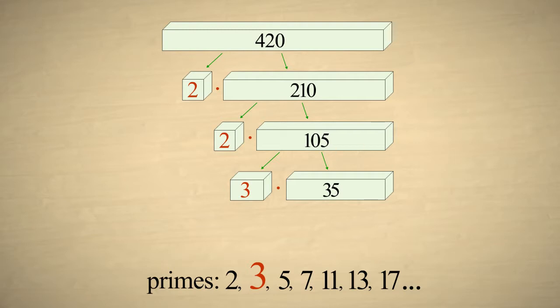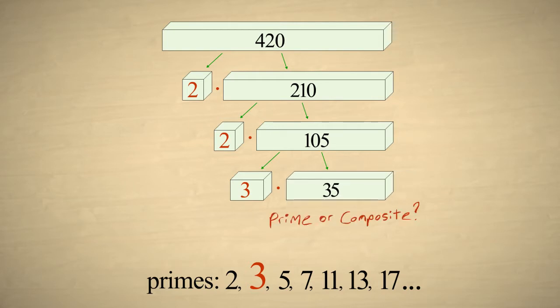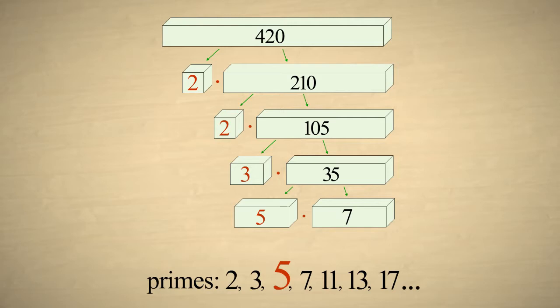We now have the factors 2 times 2 times 3 times 35. We must now determine if 35 is prime or composite. Since 35 is not divisible by 3, we test the next prime number, 5. 35 is divisible by 5, so 5 is a factor.